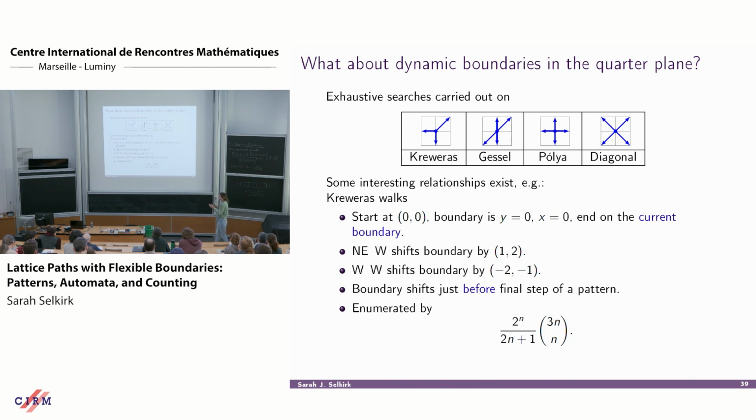And we can do some searches to try to find interesting sequences, interesting relationships on, for example, the moving boundary in 2 dimensions. And so this is ongoing to try and figure out relationships, maybe figure out some underlying structure and nature of generating functions in these cases.